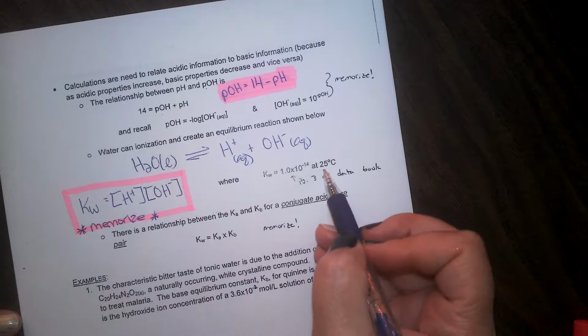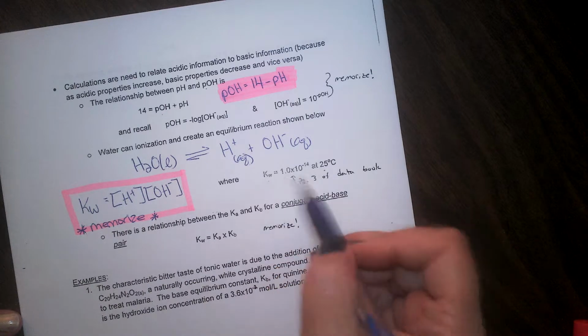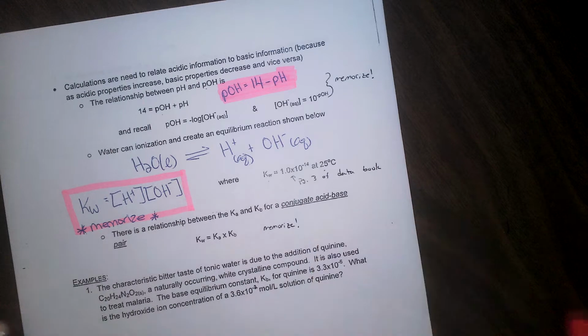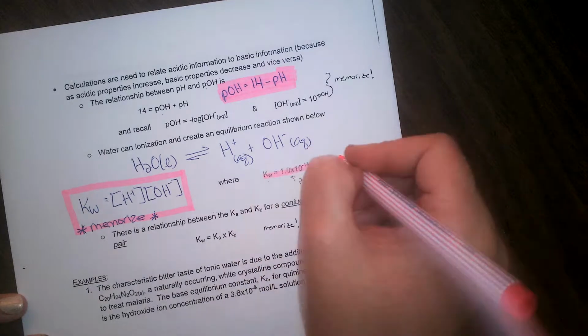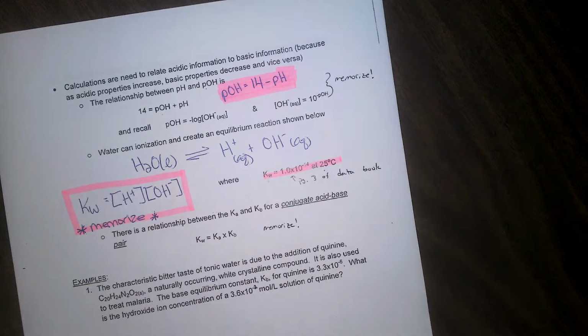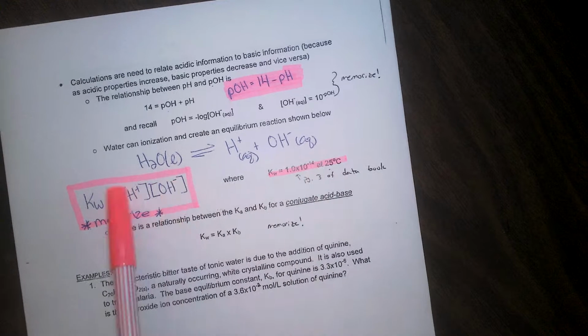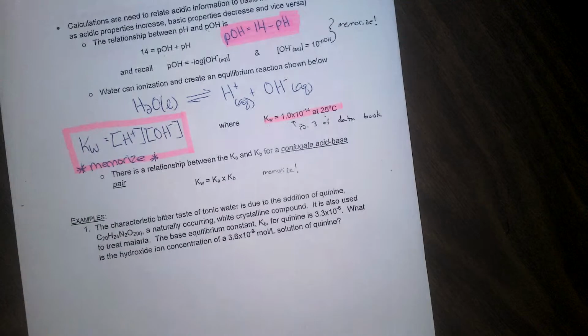Kw at 25 degrees Celsius, so room temperature, is 1 times 10 to the negative 14. Okay? Because sometimes you got to take this number and calculate out that value so that you can move on through the rest of the problems.